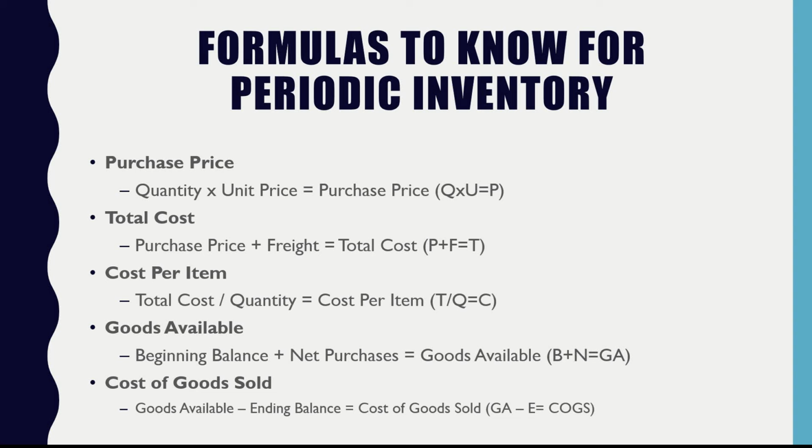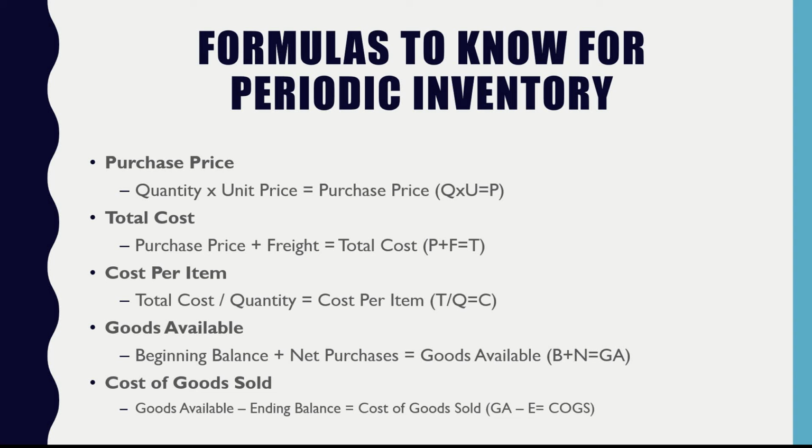And then once you figure that part out, this part right here is going to make more sense when we dive into looking at our table. We're going to be calculating our goods available, which is going to be your beginning inventory plus your net purchases. And then we're going to look at how to calculate the cost of goods sold, which is going to be taking your goods available, minus any ending inventory, to get you your total cost of goods sold.